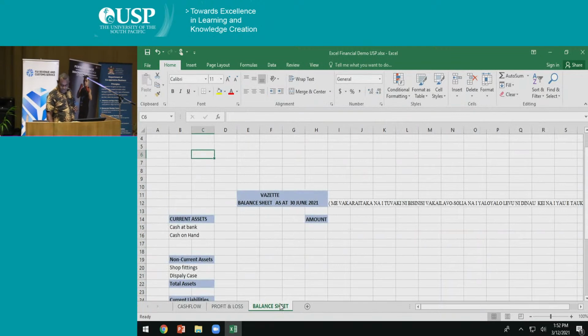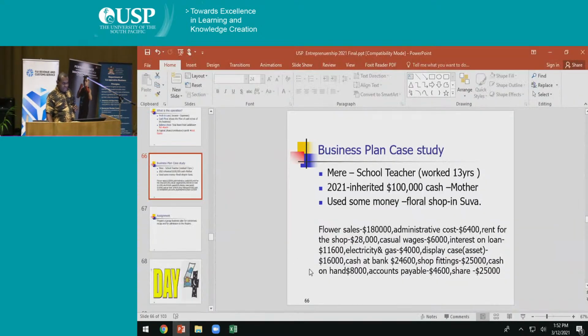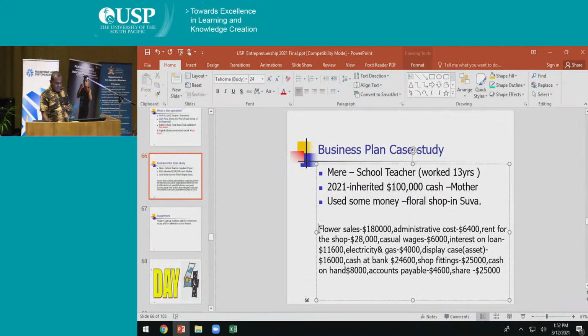Let's move on. Back to our case study. Okay. Now we have used all this in our profit and loss and cash flow.